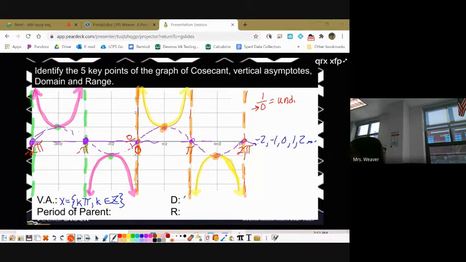So the domain is going to be all real numbers, because it keeps going forever and ever in both directions, such that x does not equal whatever our asymptotes do equal, because it's all real numbers except for where we have asymptotes.